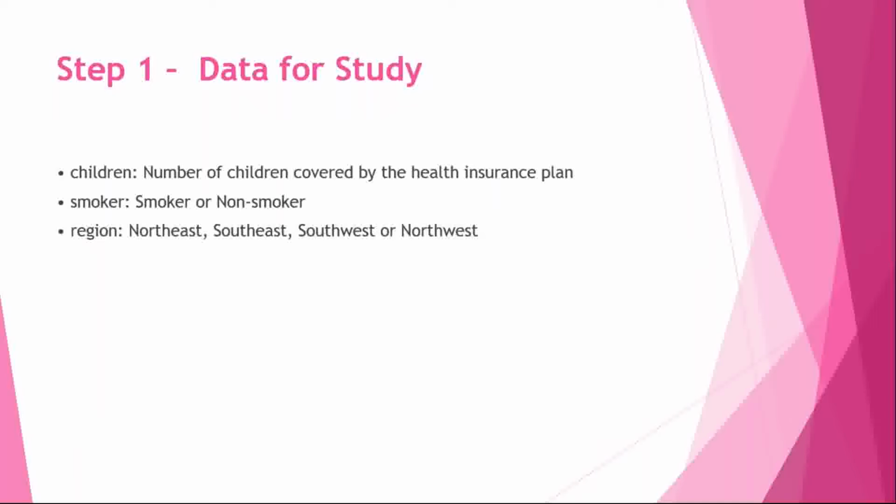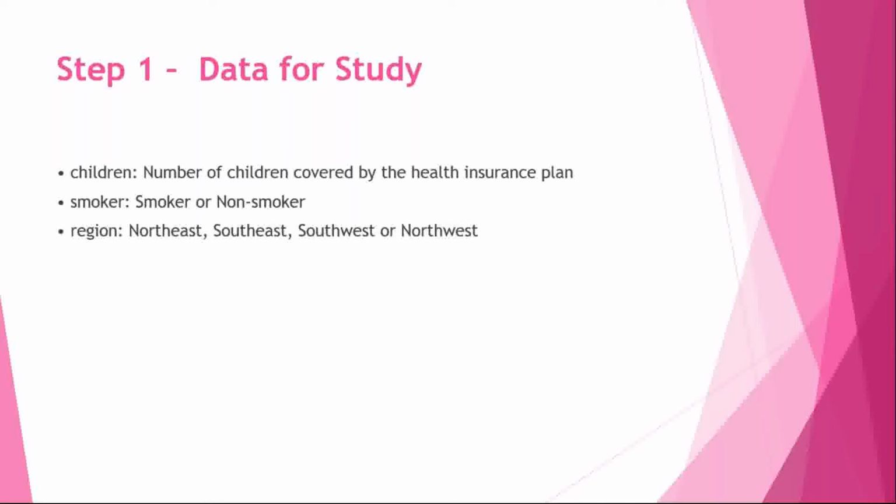The last independent variable is region. As I said, a person can be in one of these 4 regions: northeast, southeast, southwest, or northwest.